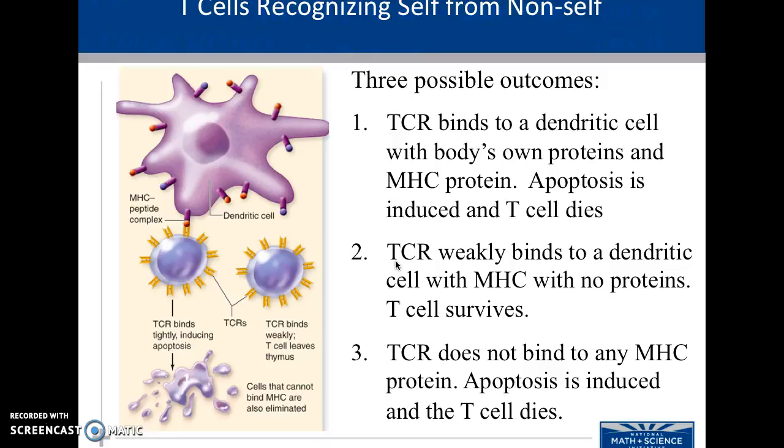The T cell receptor binds to the dendritic cell with its own proteins, and apoptosis is induced and the T cell dies. The TCR weakly binds to a dendritic cell with the MHC with no proteins. The T cell survives. Or the TCR does not bind to any MHC protein. Apoptosis is induced and the T cell dies.